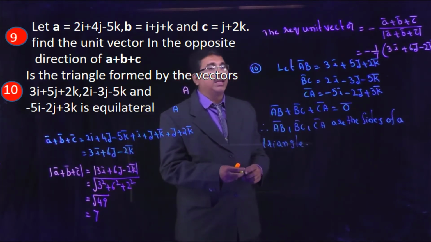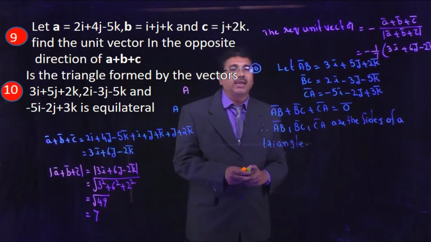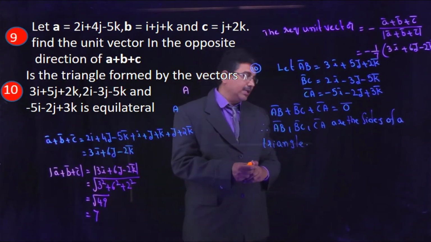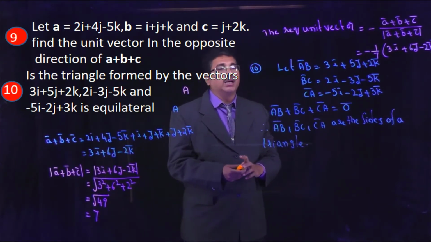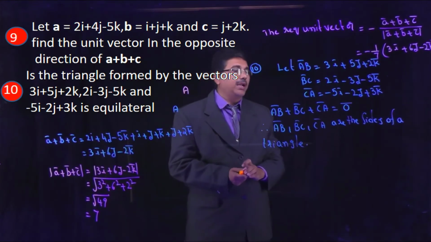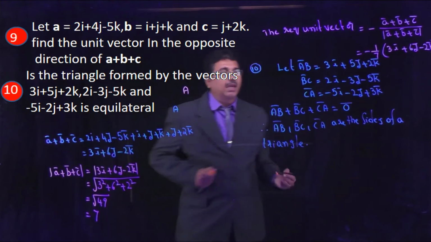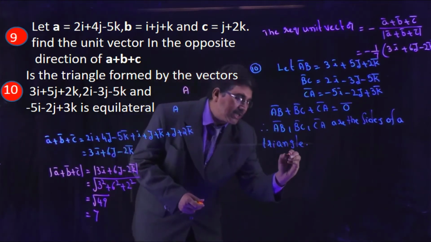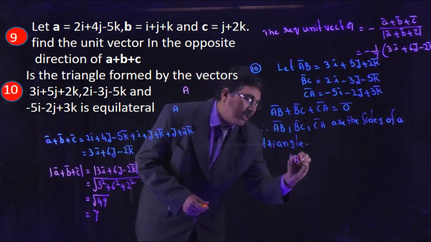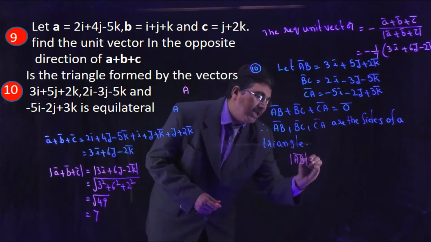Now verify whether this triangle is equilateral or not. For that, find the magnitudes of the side vectors. What is mod AB bar?